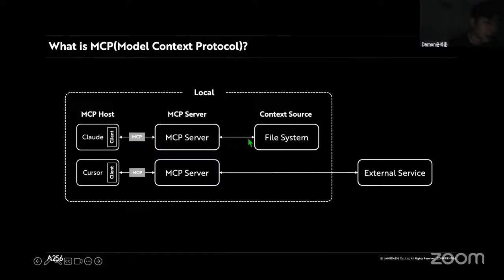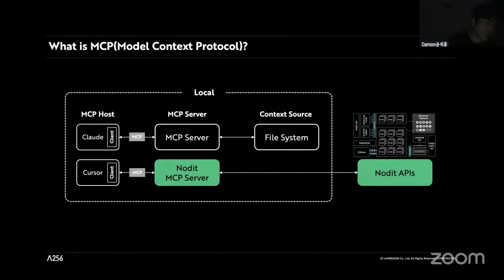And that server fetches data from different context sources: local files, external APIs, or in our case, Nodit. So when you use Nodit MCP, the model doesn't just receive passive input. It can actively query Nodit APIs in real time to fetch blockchain data, respond intelligently, or even trigger logic. In this setup, Nodit is not just a backend, it becomes a tool the model can use directly.